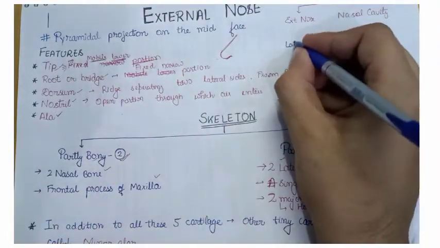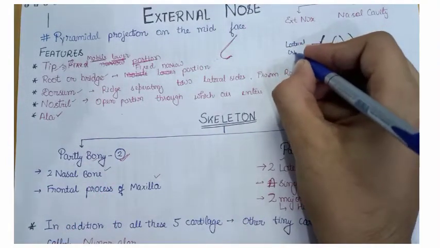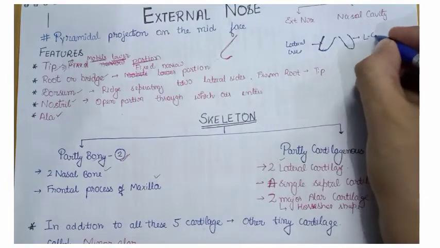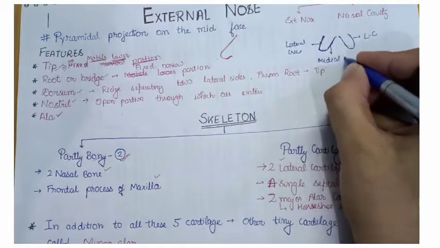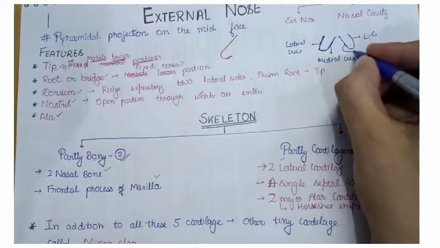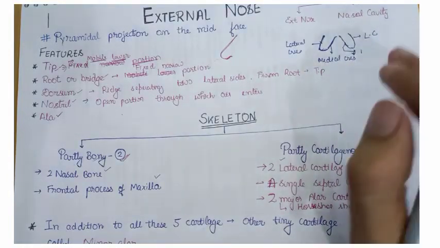Because it is more lateral, this is called the lateral crus. This is also a lateral crus, and the middle portion is called the medial crus. Both are the same thing.